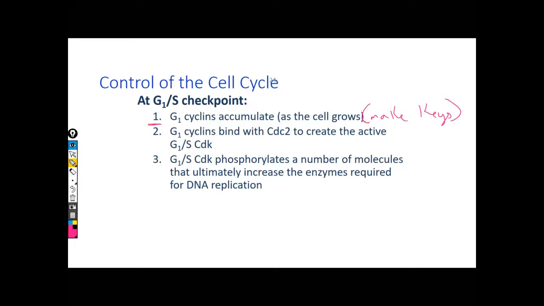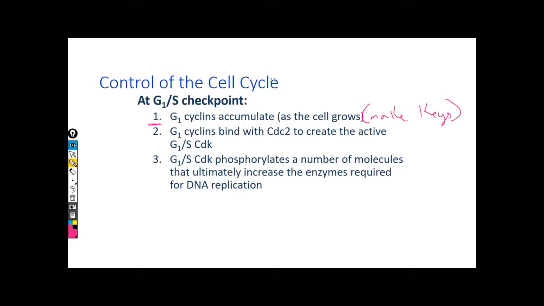And so as I get bigger, I get more cyclins. This is happening at the same time. The bigger I am, the more keys I have. That's not so bad, right?